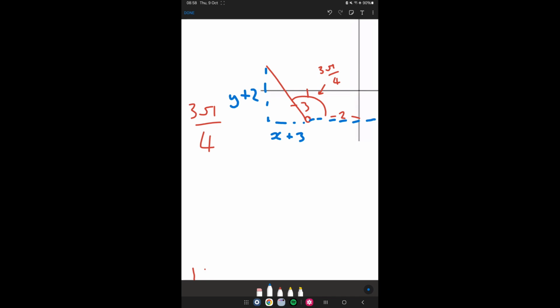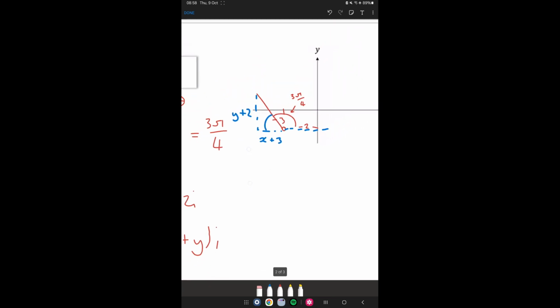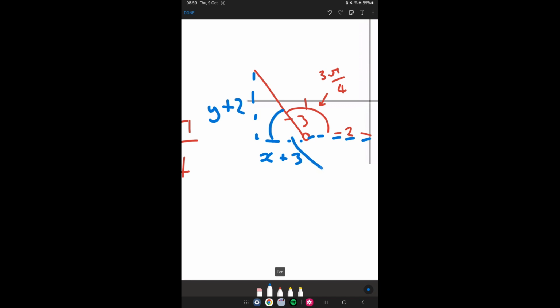And obviously when we do the angle here, we could consider what that is going to look like, because when we think about our tan graph, 3 pi over 4, what would that be equivalent to? So that angle there would be basically minus pi over 4.